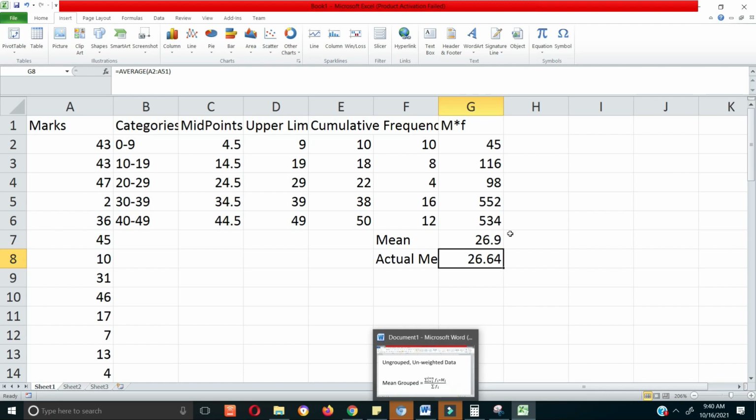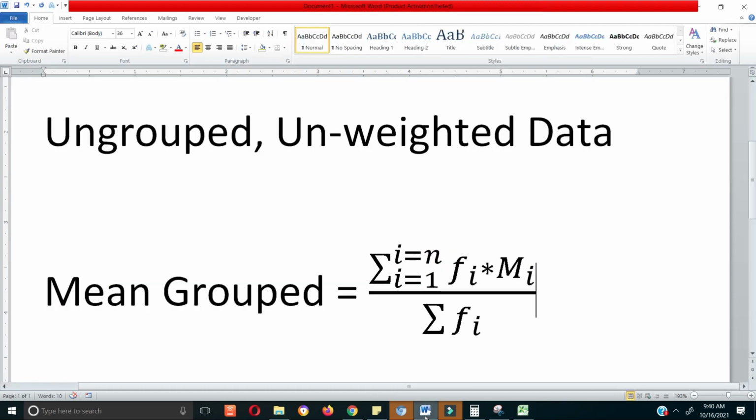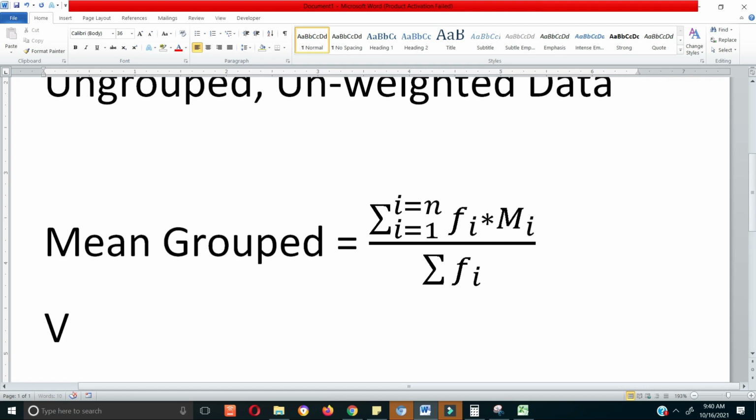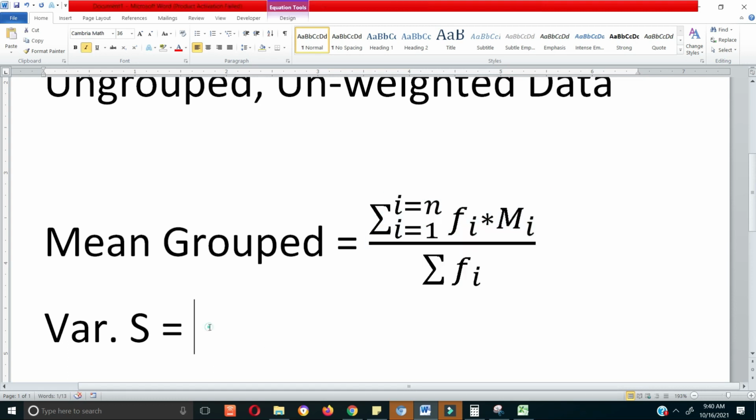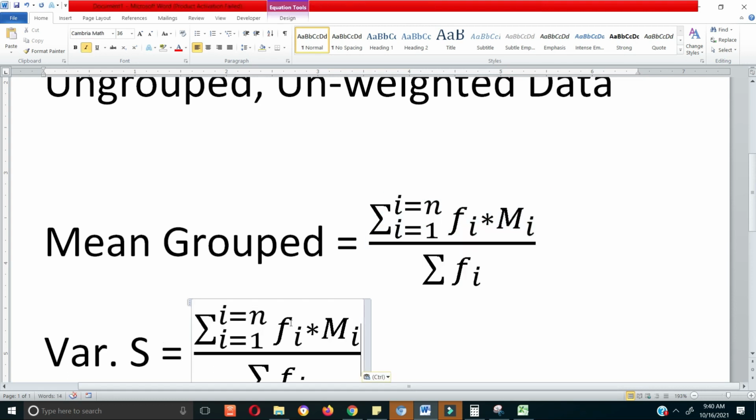So similarly, if you wanted to compute the variance, if I wanted to get the sample variance, for instance, s squared for group data is going to be, let me just copy over this. But in this case, we are going to take these midpoints minus the mean.